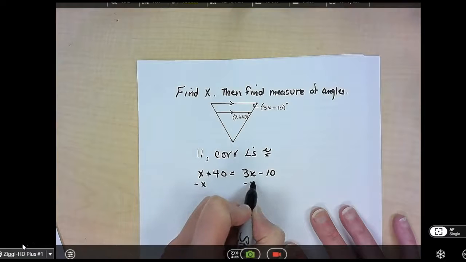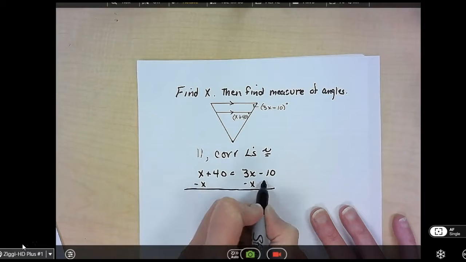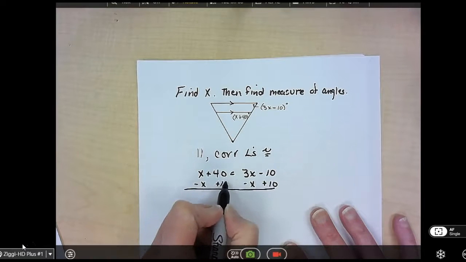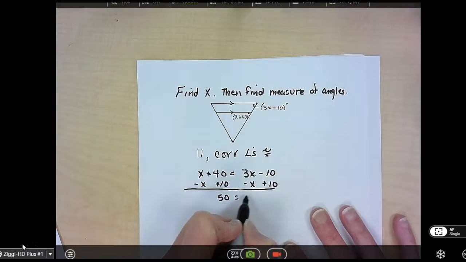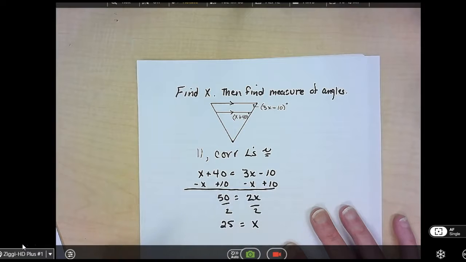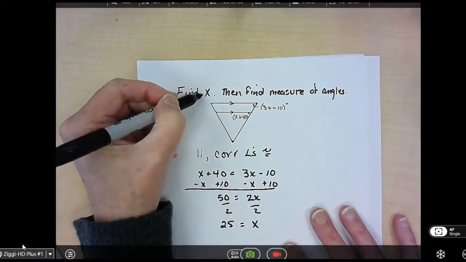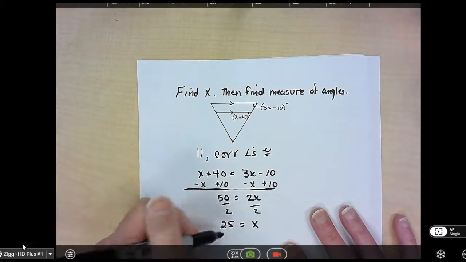Subtract x, add 10. So 50 is equal to 2x, divide by 2. 25 equals x.